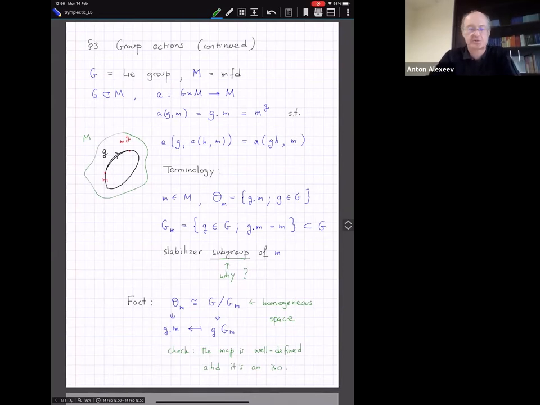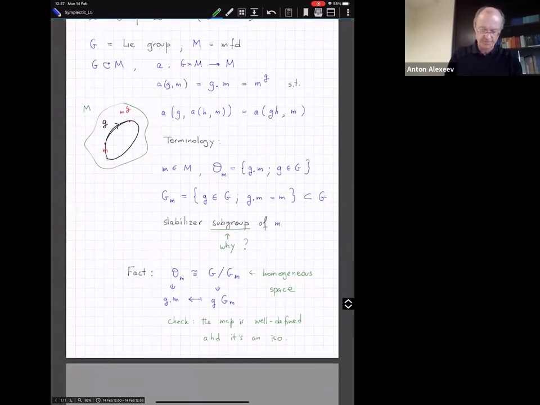Of course, you may have seen this in other topics, maybe for discrete groups. At the moment it looks pretty abstract. Later on in the course, we're going to use this kind of geometry, maybe already next time. So that's why I thought it's a good idea to mention it already here.